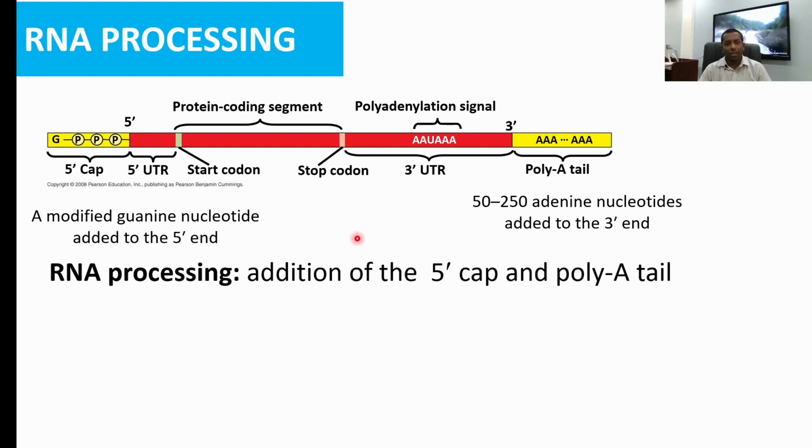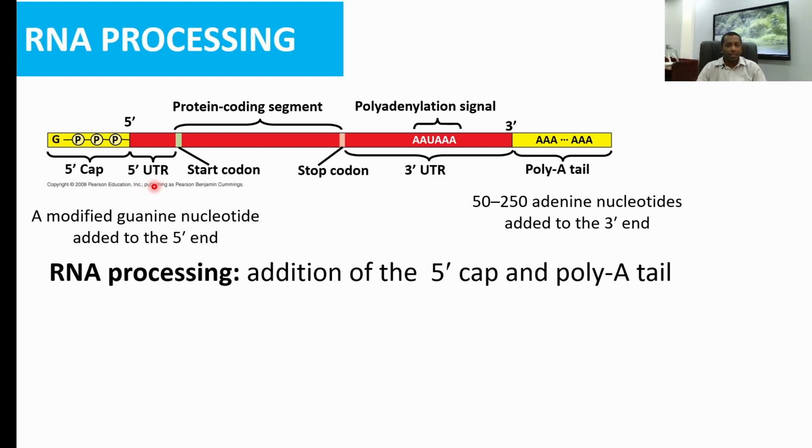Right. So here we have a modified or processed mRNA molecule. You can see at the 5 prime end we have a 5 prime cap containing phosphate groups and a guanine nucleotide.